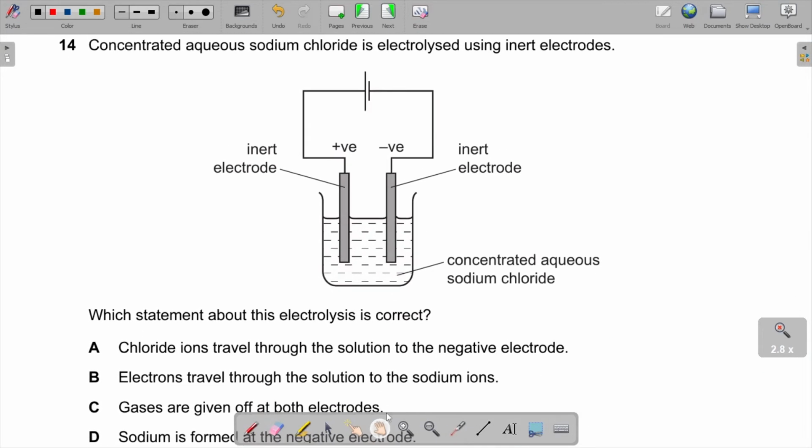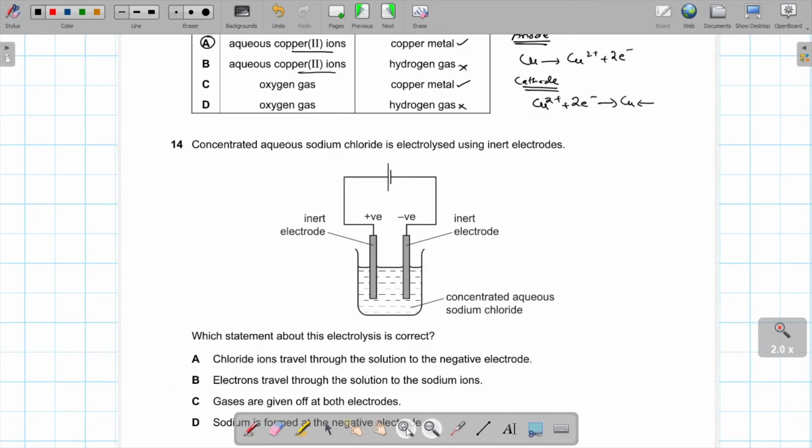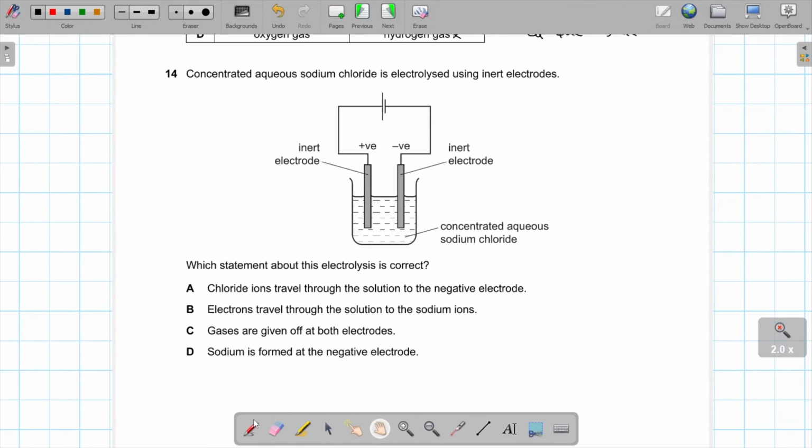Let's move on to question number 14. Concentrated aqueous sodium chloride is electrolyzed using inert electrodes. Which statement about the electrolysis is correct? So we've got inert electrodes, and this is an aqueous sodium chloride solution.